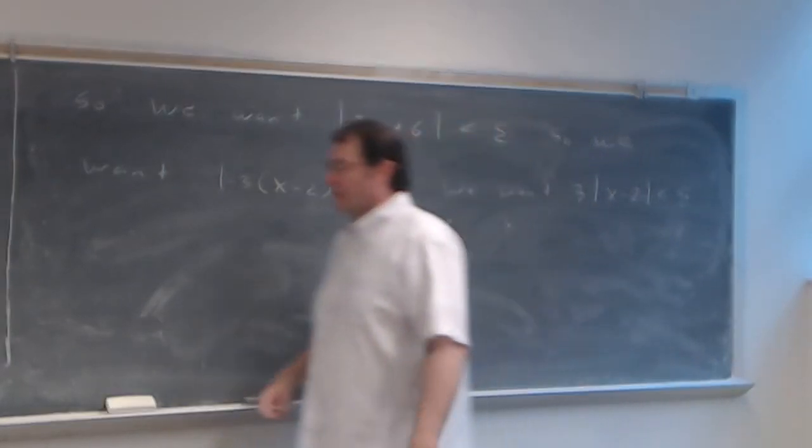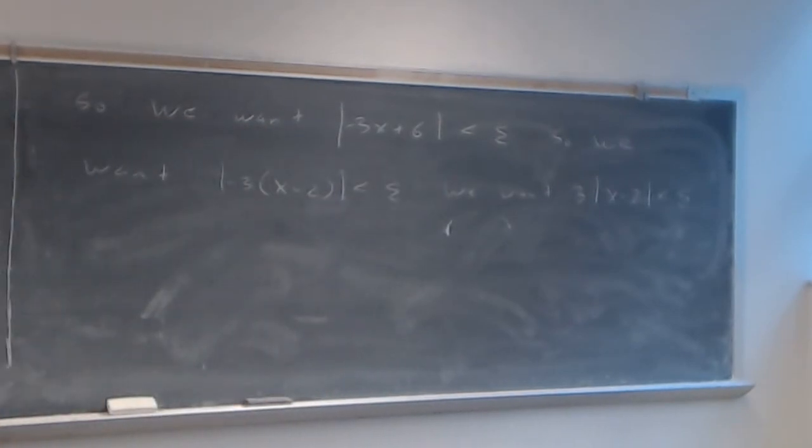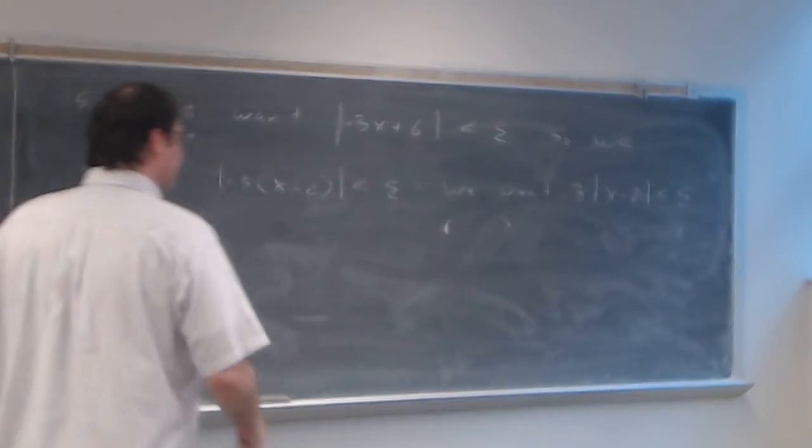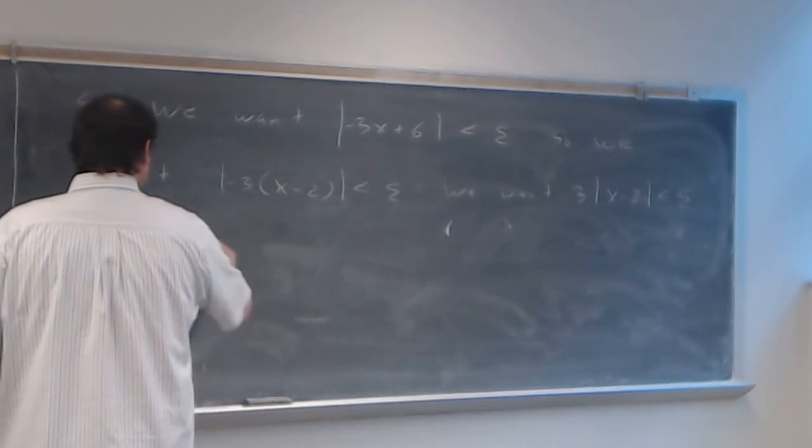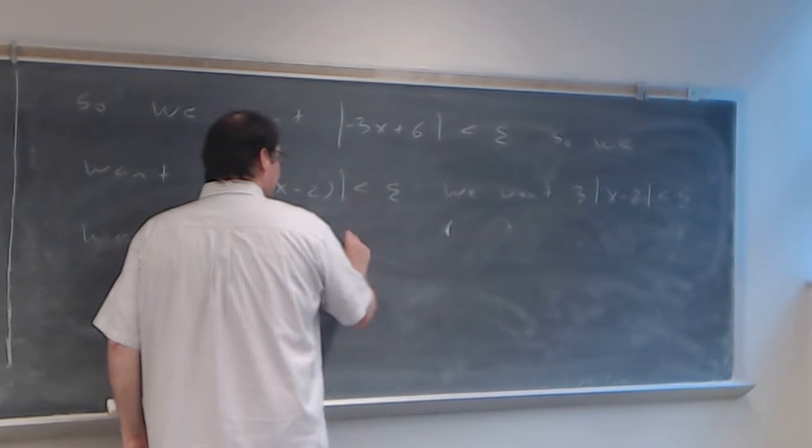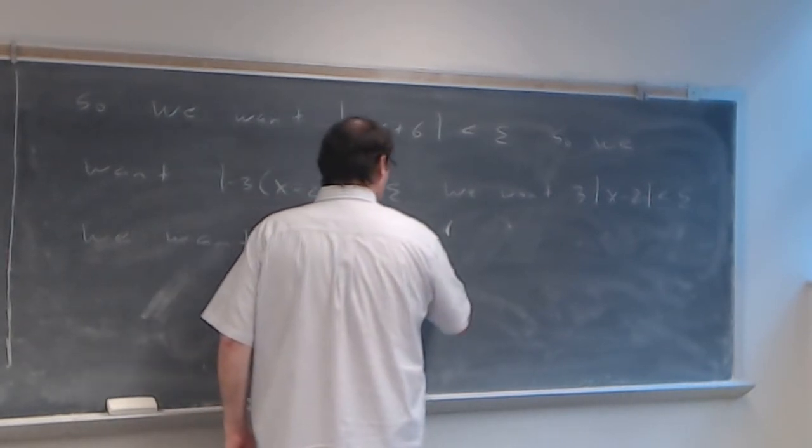Now, what I get to control, I get to pick the delta, so I get to control how small the absolute value of x minus 2 is. Well, if I solve for the absolute value of x minus 2, that means we want the absolute value of x minus 2 to be less than epsilon over 3.